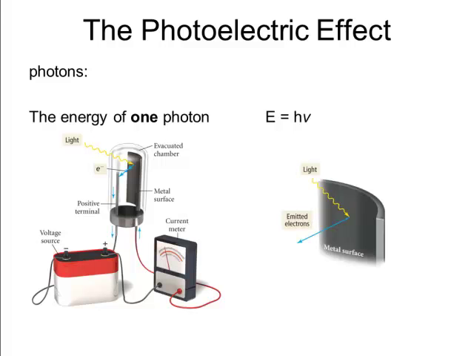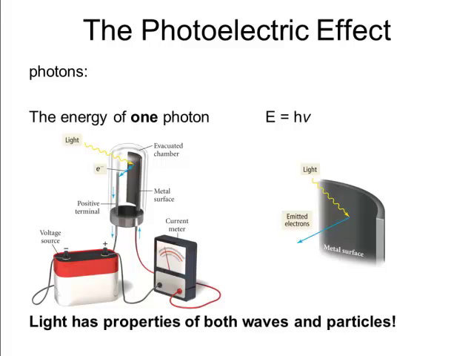What that told us was light must have some sort of particle property associated with it. That electron has a mass, although it's a small mass. So in order for that light to knock that electron out, it had to have some particle properties.